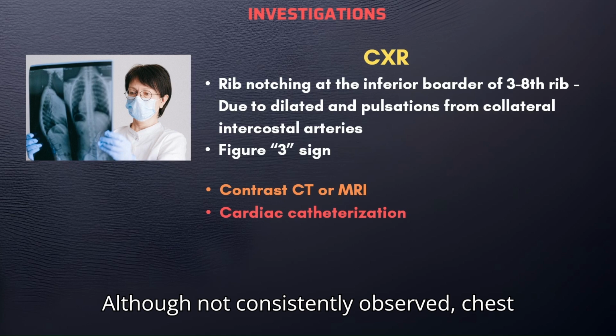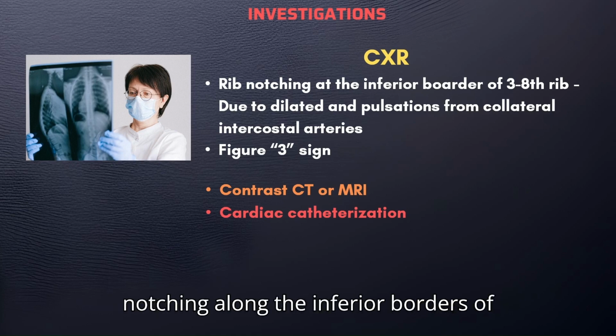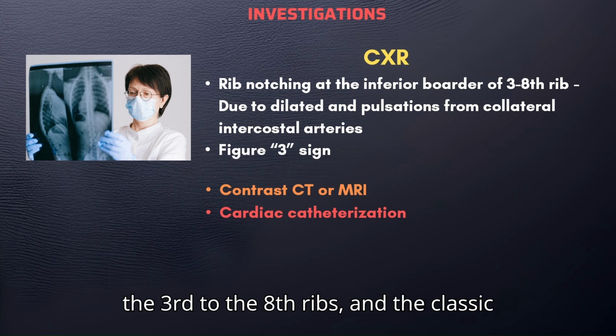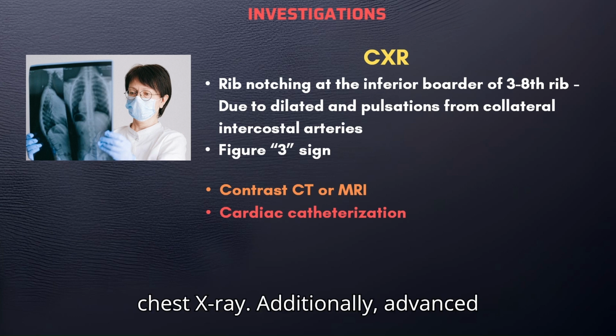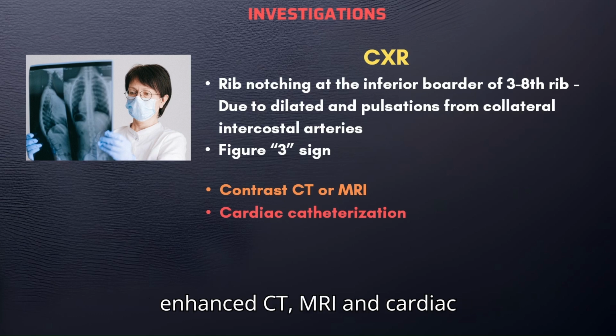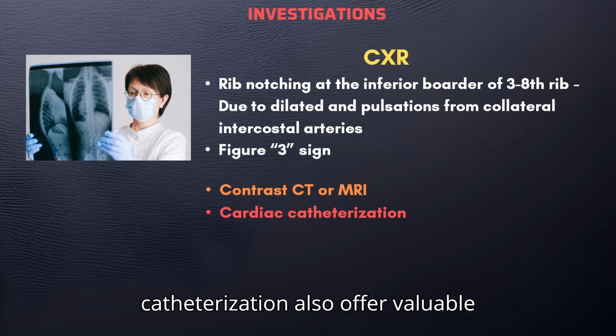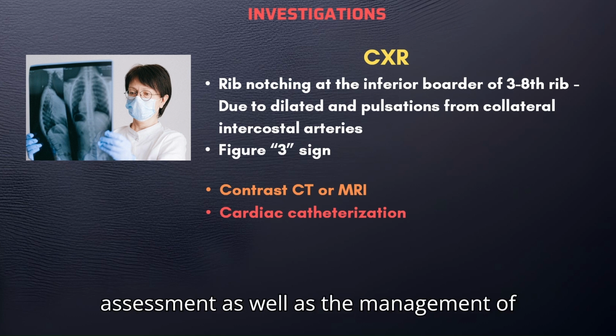Although not consistently observed, chest x-rays may also show a characteristic rib notching along the inferior borders of the third to the eighth ribs, and the classic figure of three sign may also be seen on a chest x-ray. Additionally, advanced imaging techniques such as contrast-enhanced CT, MRI, and cardiac catheterization also offer valuable insights in enhancing the overall assessment as well as the management of this condition.